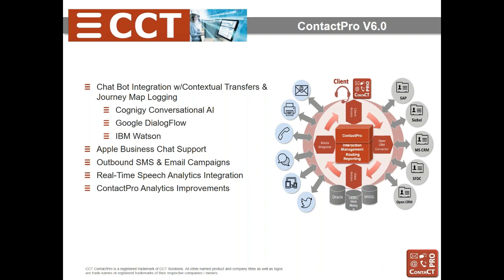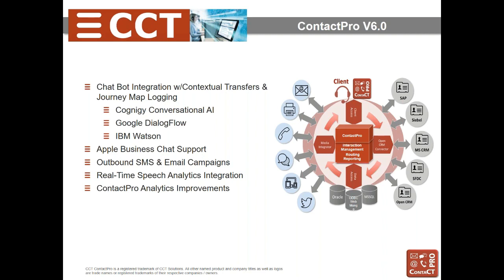And I want that contextual transfer of information sent to that agent so that they don't prompt me for information like, who are you? Why are you contacting me? But then also at the end of that interaction, I want to make sure I'm logging that information. So we are basically working with Cognigy, their conversational AI, artificial intelligence kind of back-end knowledge base.